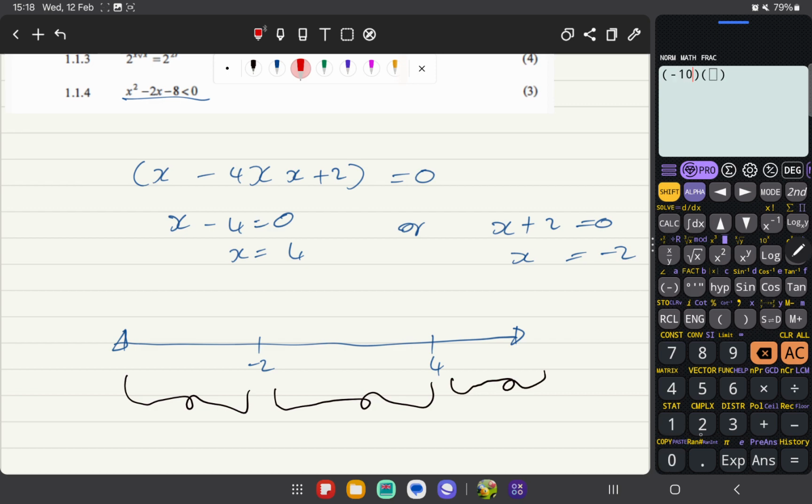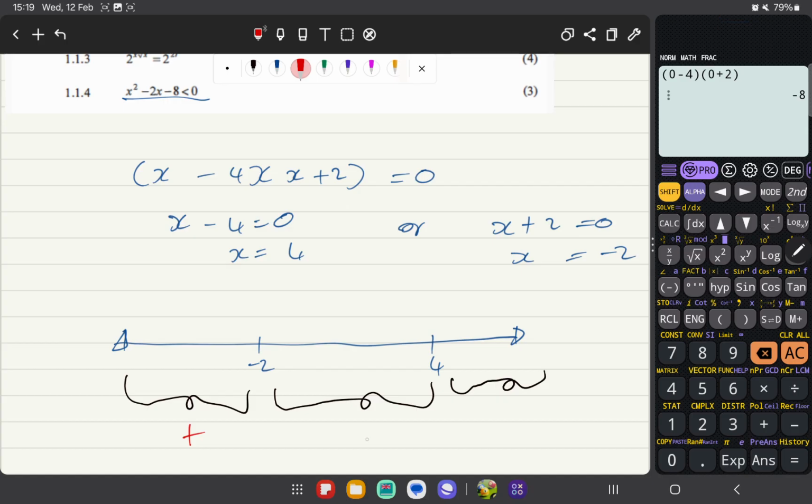Say I go for minus 10: minus 10 minus 4, and on this bracket minus 10 plus 2. I'm getting a positive value. So I go to the second region, right there in the middle, any number in between. An easy one would be taking a 0.